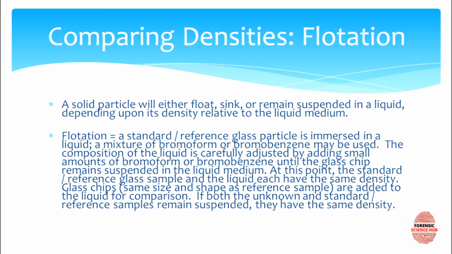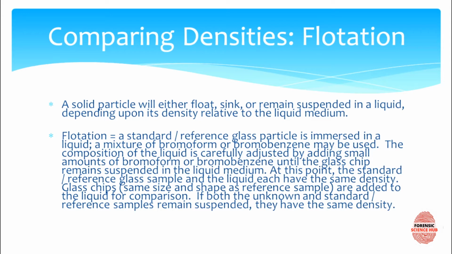So here we take a mixture of bromoform and bromobenzene. It can be in any proportion in the starting. Then we add our glass particle. What we want is for our glass particle to remain suspended in the liquid.